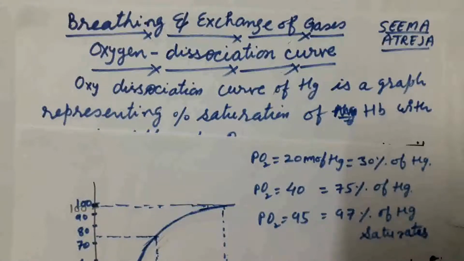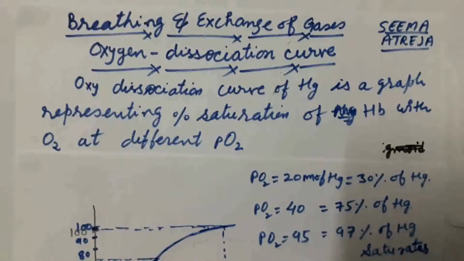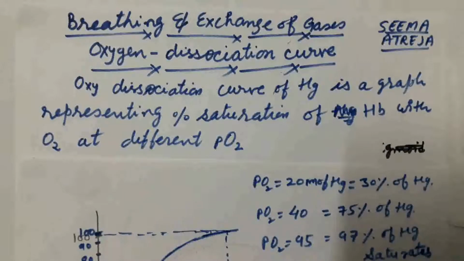Oxygen dissociation curve of hemoglobin is a graph representing percent saturation of hemoglobin with oxygen at different partial pressures of oxygen. What is the oxygen dissociation curve of hemoglobin showing?